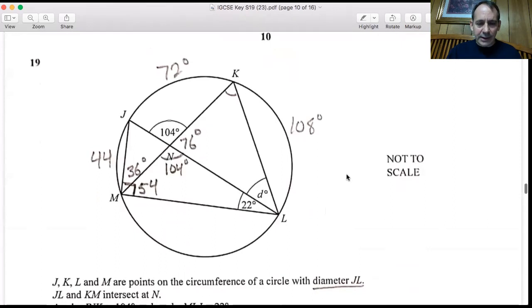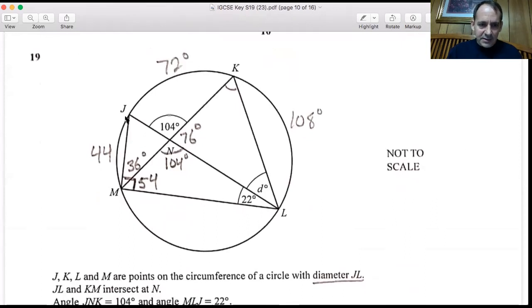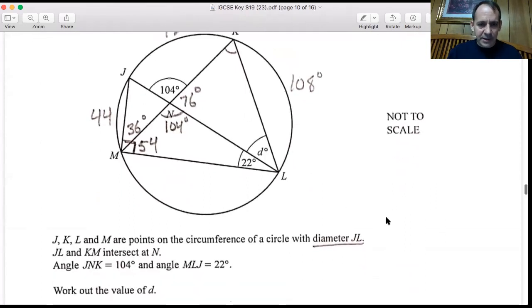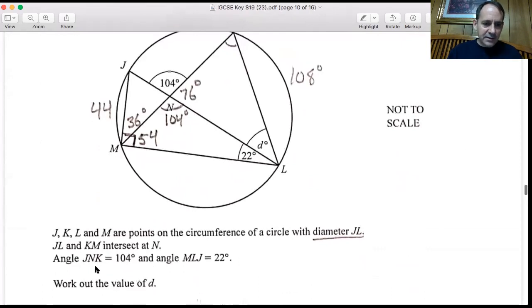Here we go to the circular or geometric properties of circles, and they give you this diagram here, and it says that JL is the diameter, that's important, and they tell you there's a 104 right here, and they also tell you that MJL is 22.